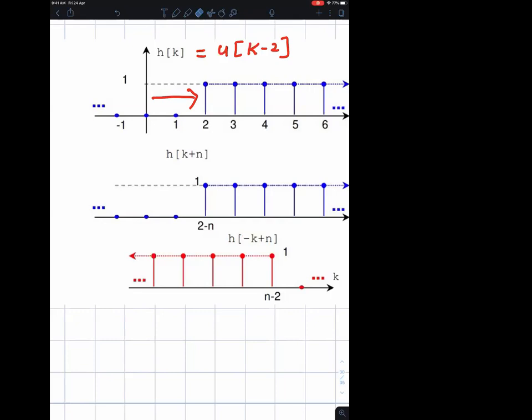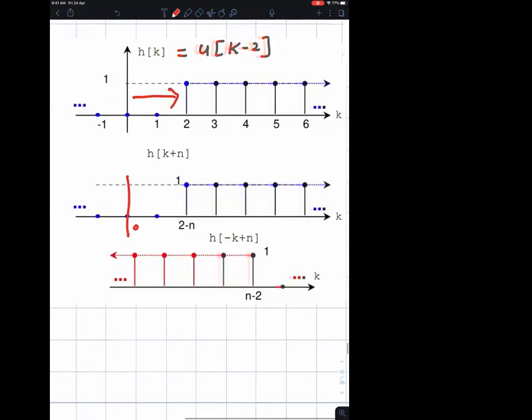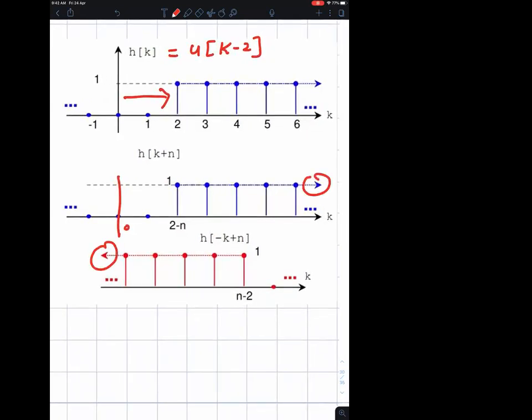Just assuming your 0 axis is somewhere here, let's say we are flipping this around this axis. Then this arrow, which is pointing in this direction, now is going to point in this direction. And then 2 minus n becomes n minus 2 right here. So this is another way to do it.